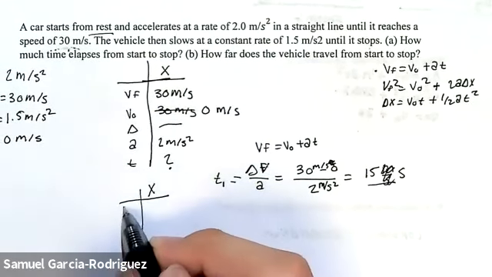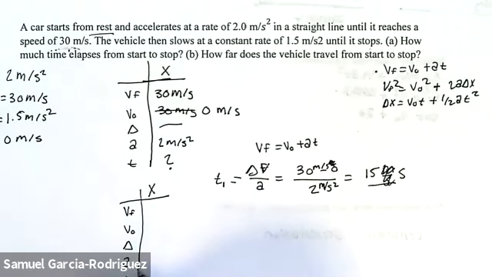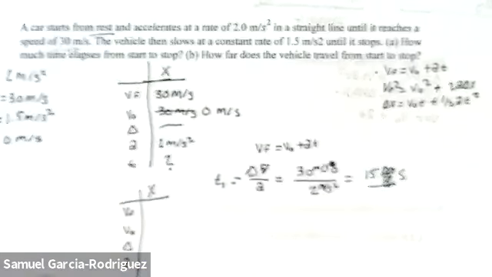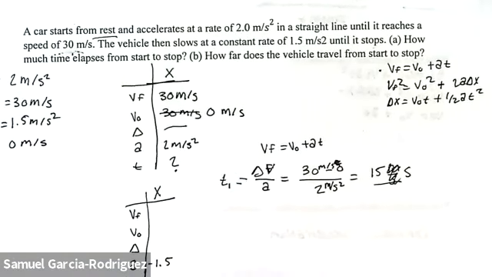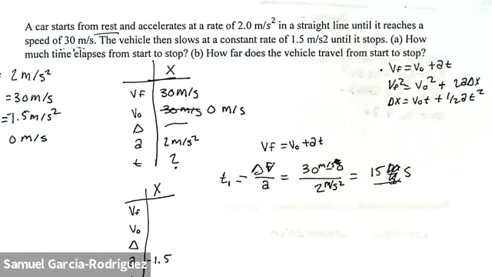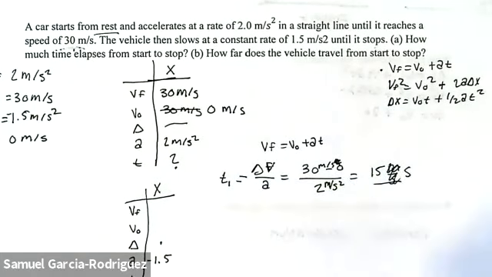x, vf, v naught, delta v, a, t. So this, we're going to use the second acceleration, 1.5. We'll go ahead and denote it as negative because it is slowing down. We don't know how long or how far it went. What is its initial velocity going to be? 30.